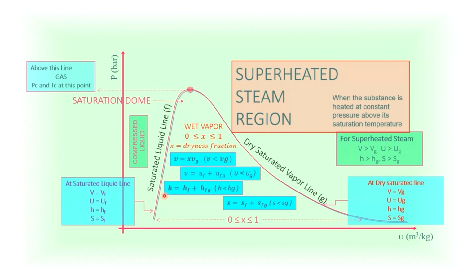You can go online to view the various shapes or patterns of the saturation dome based on different properties of property diagrams. The left-most of your saturated liquid is always called the compressed liquid. Usually, any properties on the saturated liquid line are given a subscript F like this.